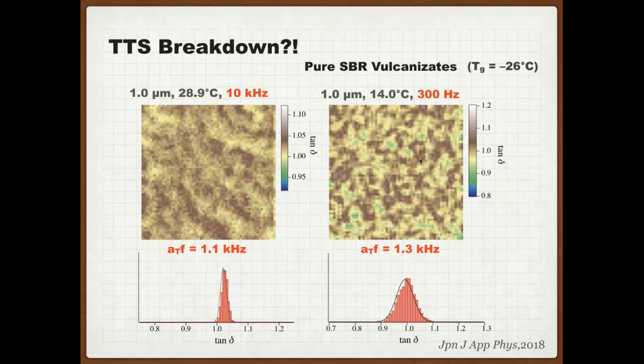So by changing the cross-linking manner, the procedures, we were actually successful in reducing this type of heterogeneity to achieve high fuel efficiency tires. So this means that by changing the cross-linking density, you can change the properties.